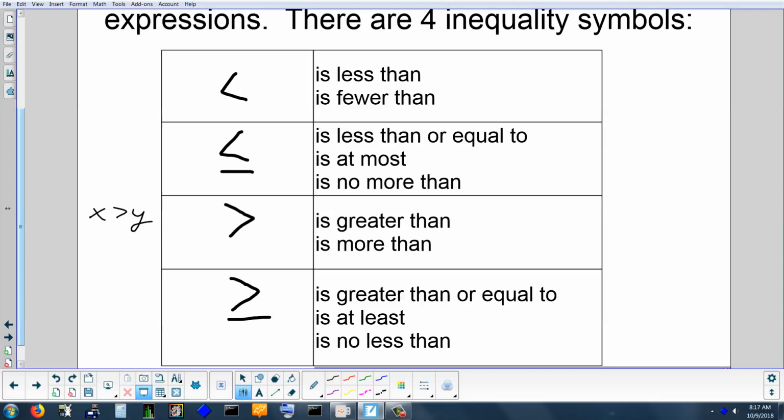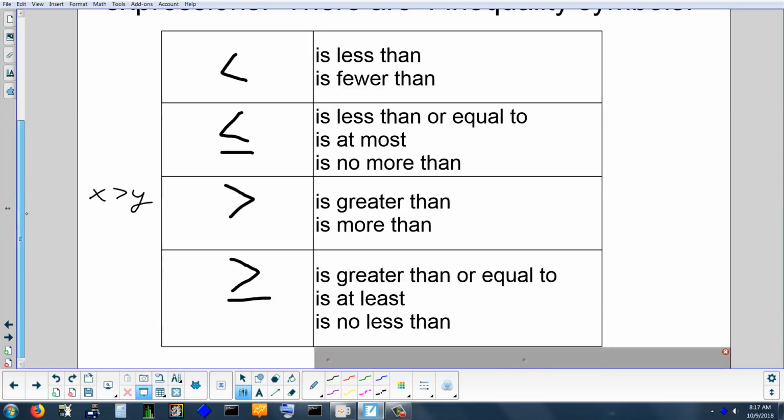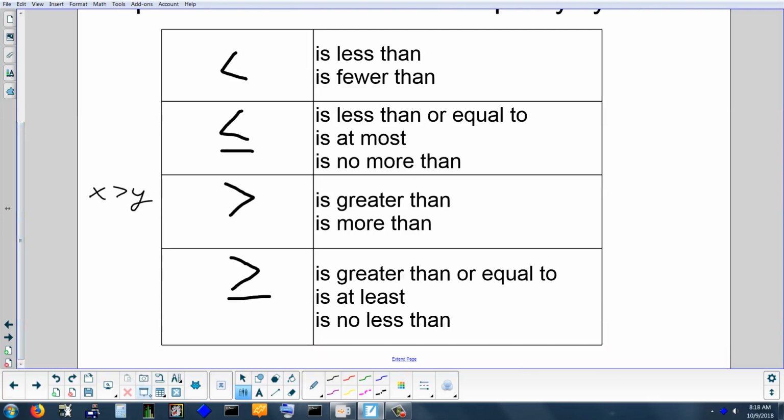At least, right? You need to earn a grade of at least 60 to pass. At least means you don't have to get exactly 60 to pass. You could get 65, 70, 80, 90, but you need at least a 60. So any number 60 or higher. Any questions on those four inequality symbols?